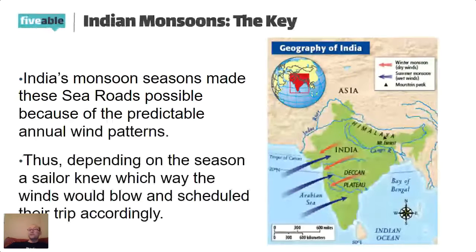You had the winter monsoon season, which was dry and came from the north across the Himalayas, and then you had the summer monsoon, or the wet monsoon season, that came from the equator. These monsoons were predictable. People knew they were going to happen. They happened virtually every year. So merchants could plan their voyages based on these monsoons.